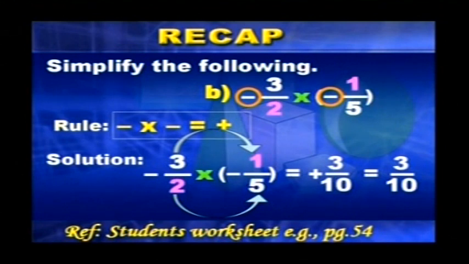Is that clear? Okay, very simple. If you happen to follow the steps carefully, you will understand what you are doing. And also you will come up with the correct answer. And be careful, a very important thing is you have to check the signs when you are working out your answer.